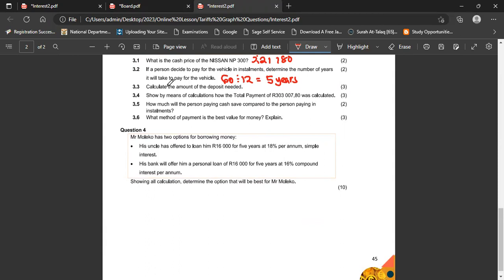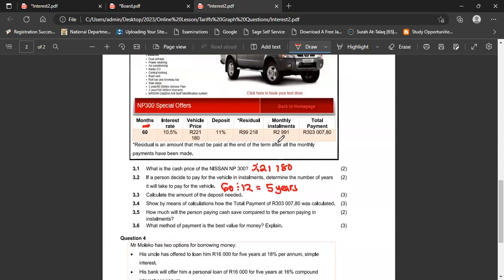Calculate the deposit amount needed. Now, when you take a look at the scenario, we check the table here. Deposit is this much.